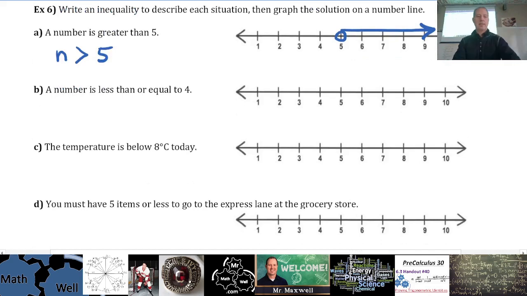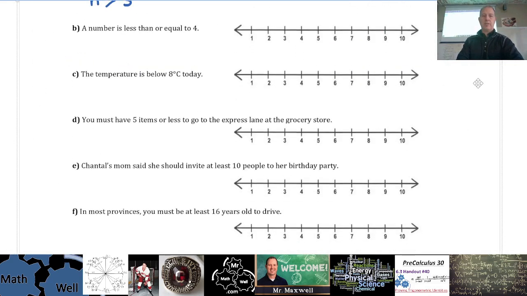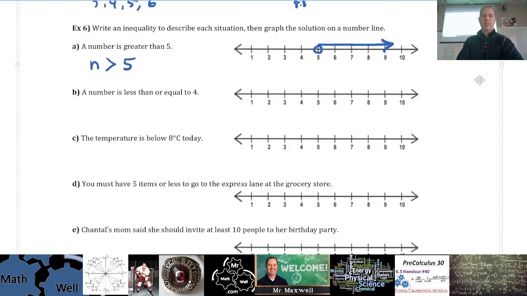I think you guys can probably do the rest here. So I'm going to give you some of the answers to this, just to make sure that you're on the right track. So do B, then C, then D, and the rest, and I'll give you a couple of the answers in a minute once you've had a chance to do that on your own. Okay? So just like that, go ahead and finish the rest of those.